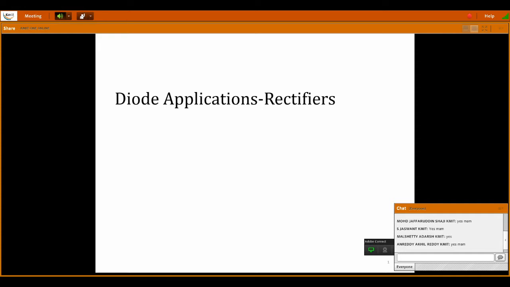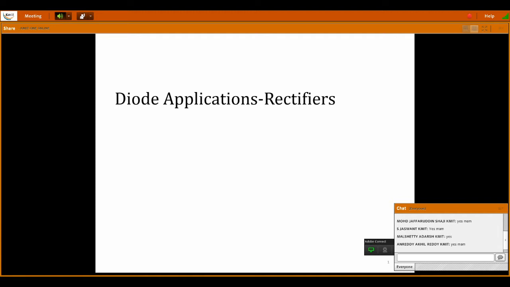Suppose the input given to a diode is a sine wave, then a rectified version of the input is available at the output. That is a brief definition. A rectifier converts a sinusoidal or AC waveform into a DC form. That means we are converting an AC input to a DC output.